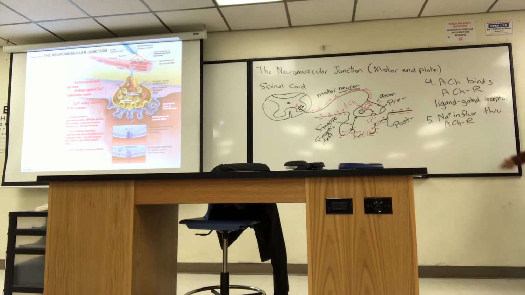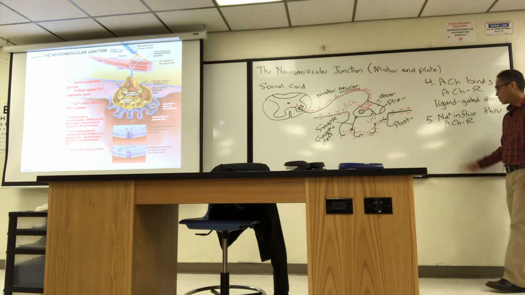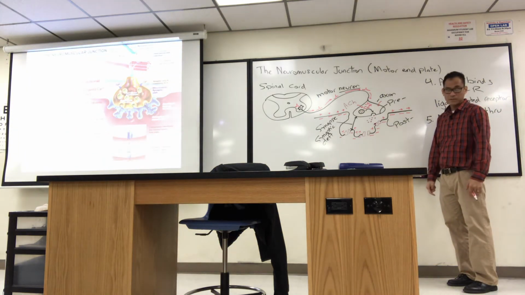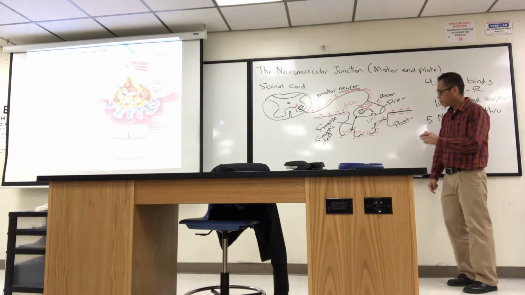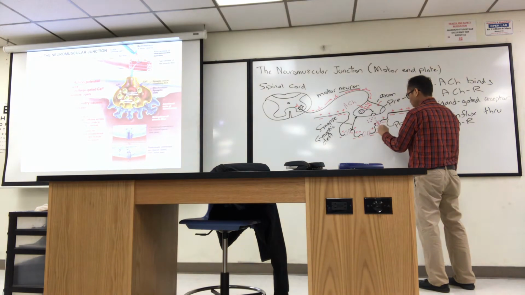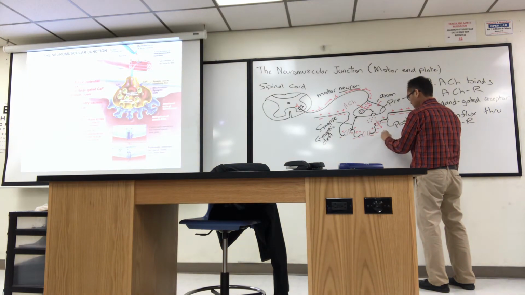But in step 5, we have this reversal of the polarized state, because by these ACHR channels opening, they're going to allow the influx of sodium. So I'm going to draw a bunch of pluses coming into the cell.